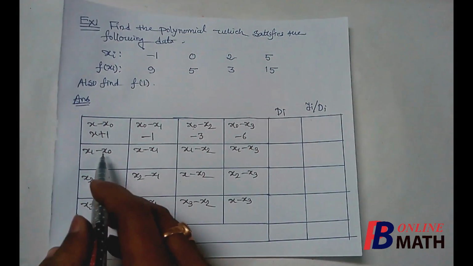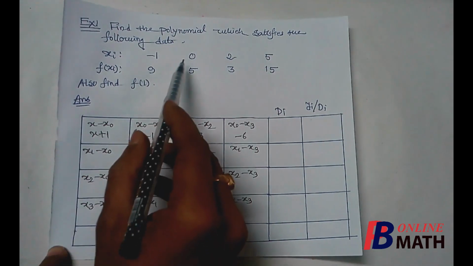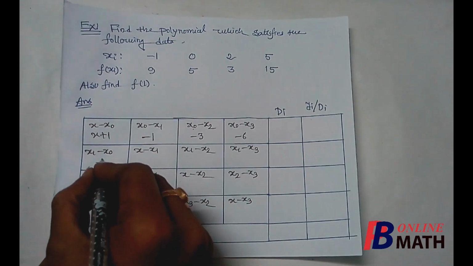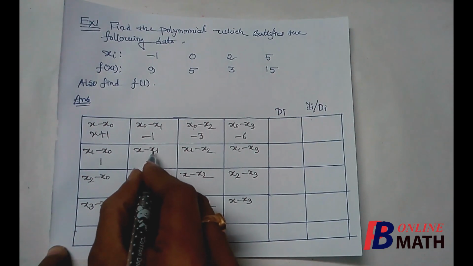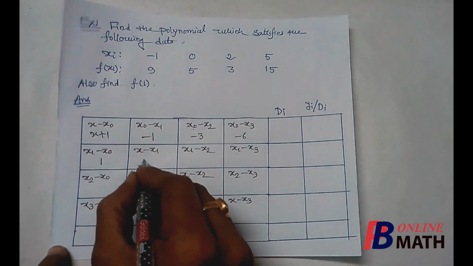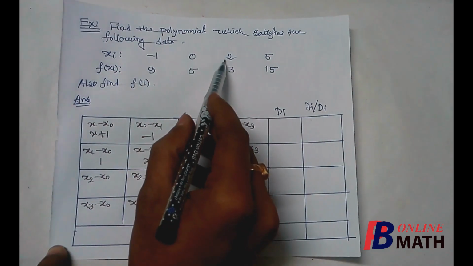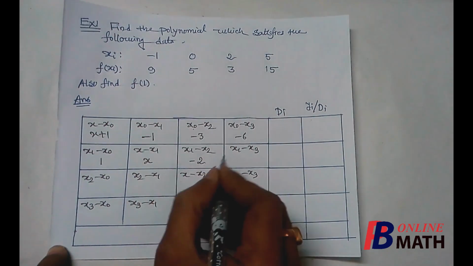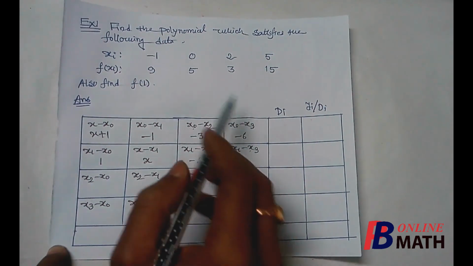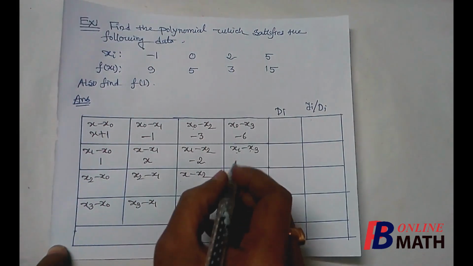Now consider second row, x1 minus x0 which is 1, x minus x1, this is x1, so x minus x1 is x, x1 minus x2 is minus 2, and finally x1 minus x3 is minus 5.